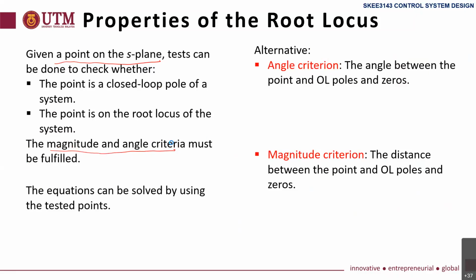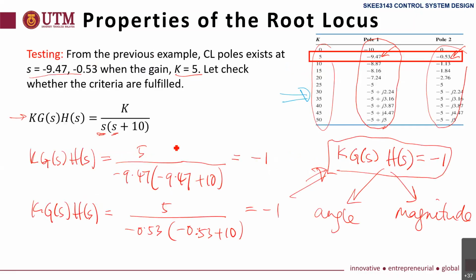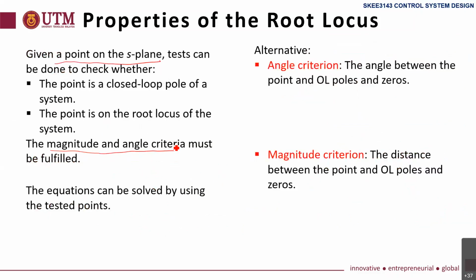It can be checked similarly to what we did here. We take the pole and substitute it into the equation. If it fulfills K G(s)H(s) equal to minus 1, then it is a closed loop pole. If not, it is not a closed loop pole. So the equation K G(s)H(s) can be solved by using the tested point, the point that we want to test.